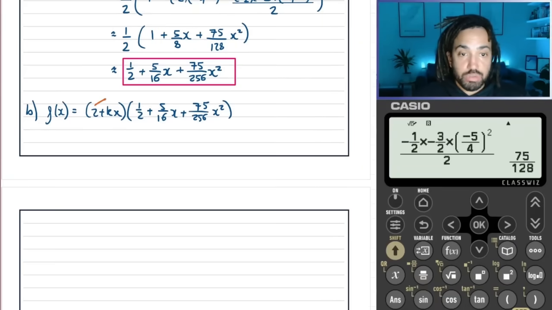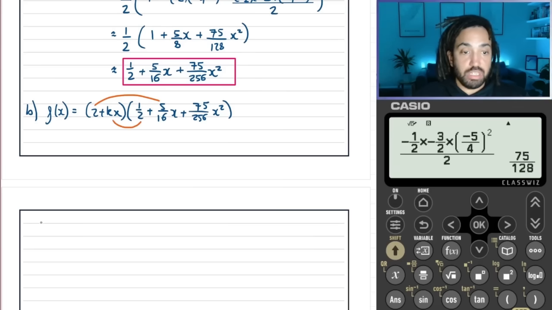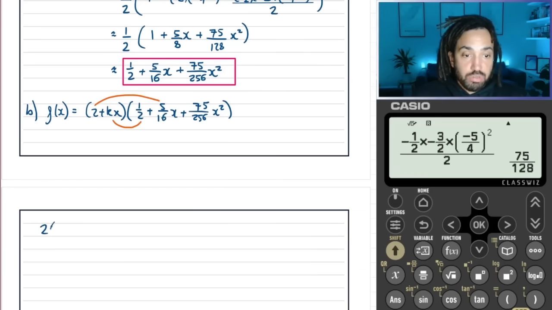Well, we'll do 2 times by the 5/16 x, but also we'll do k times by a half, because that will also give us an x coefficient. So in doing so, we get 2 lots of 5 over 16 x, and we'll get kx times by a half, and all of this will equal our 3 over 10 lots of x.